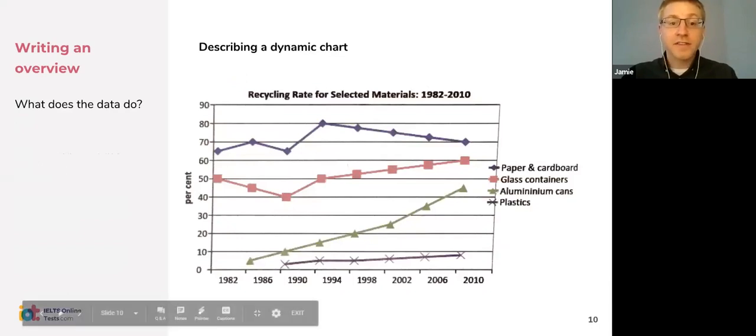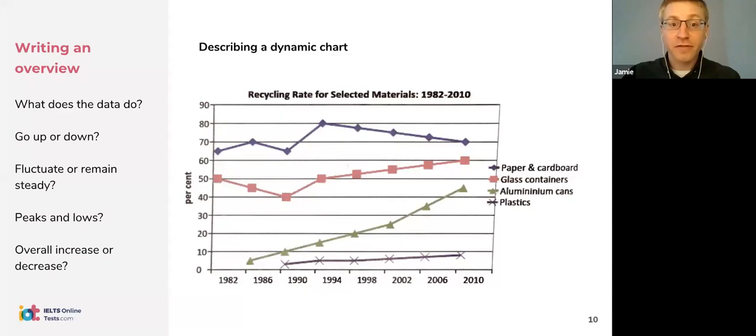And overall, does it increase or decrease? So I would like you in the comments to try and pick out, if you had to choose 2 or 3 key features of this chart, what would you describe in your overview? If you can put your suggestion in the comments, please.